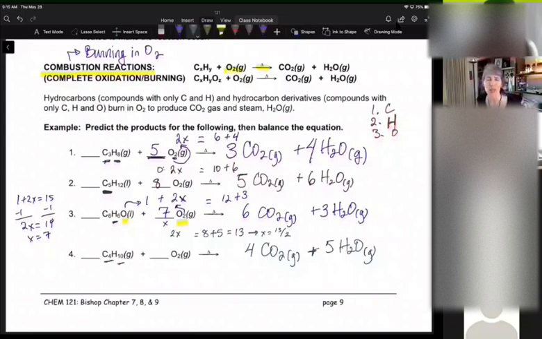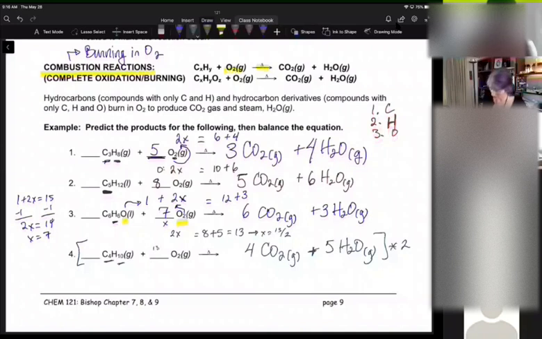We don't allow any fractional coefficients. They have to be whole numbers. The coefficient in front of each compound has to be a whole number, the smallest whole number relationship. So what I'm going to do is multiply everything in the equation by 2. So I'll go ahead and fill this in.